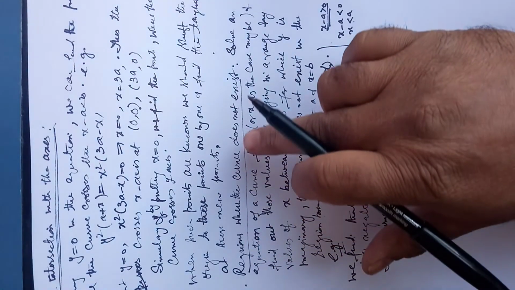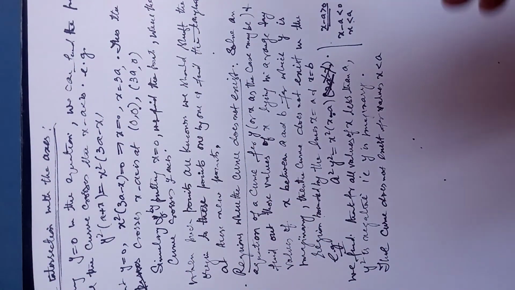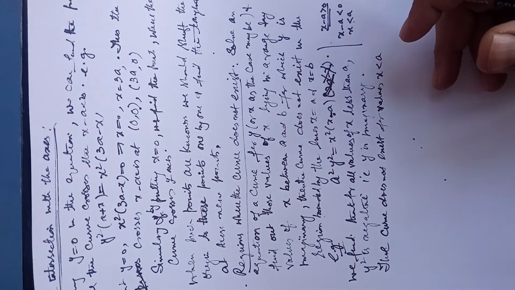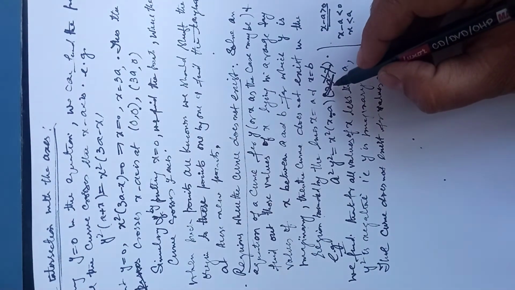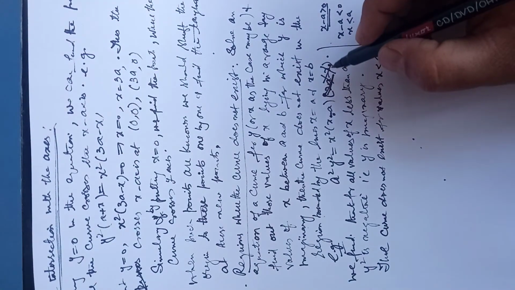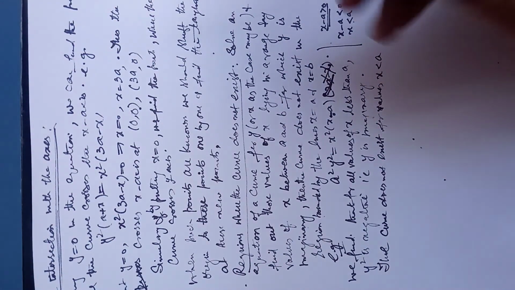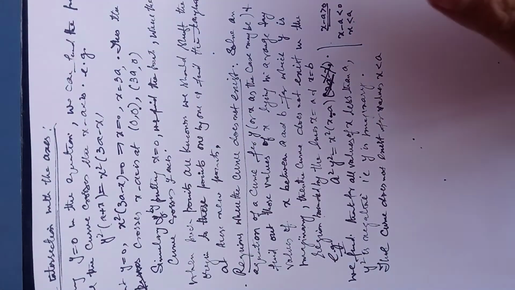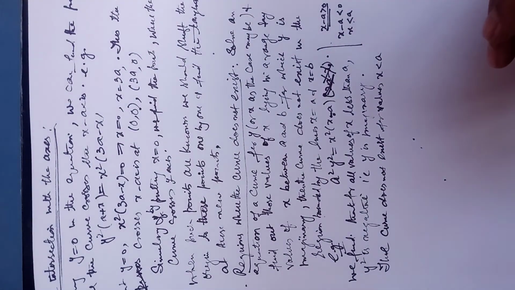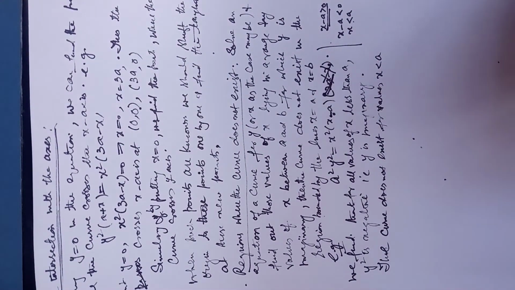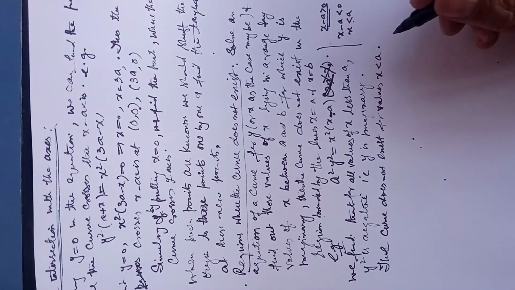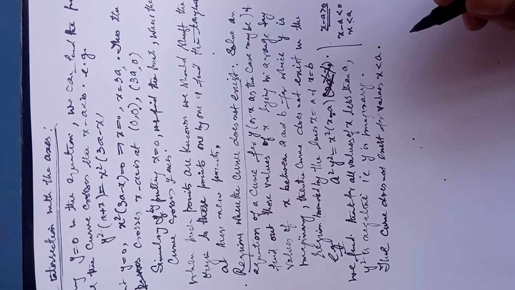This is the region where the curve does not exist. Similarly, for different curves, you will have different things. For example, if I had kept 2a minus x over here, then if it is negative, means when x is greater than 2a, we cannot have the region where we can draw the curve.